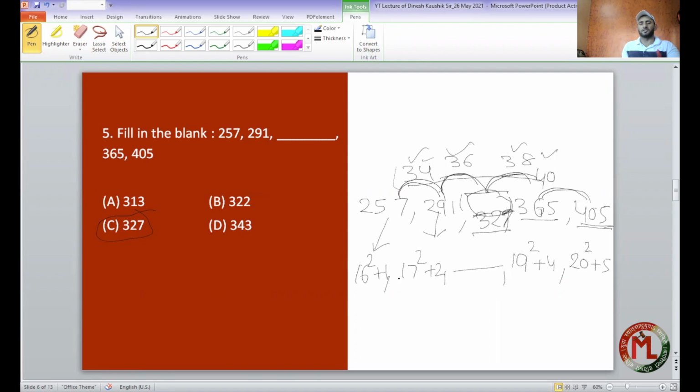So what should be the missing term? 16 square, 17 square, so here it is 18 square. Then plus 1, plus 2, so it should be plus 3. So 18 square is 324 plus 3. That is 327. So there are multiple logics, but you are getting the same answer. Okay, my dear. I hope you are getting it. Okay. Let's go for the next one.